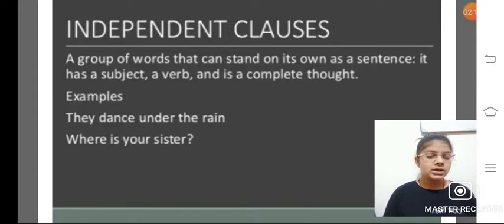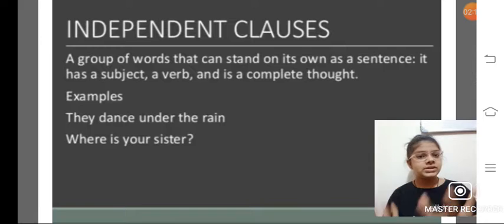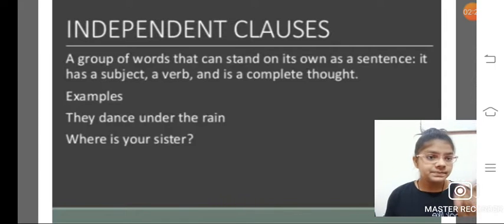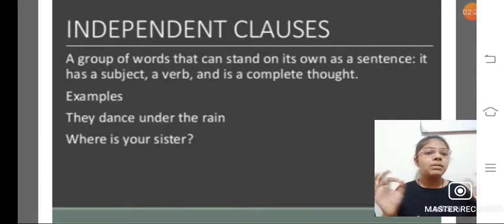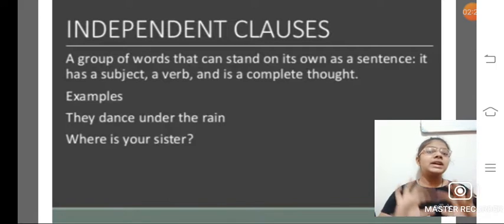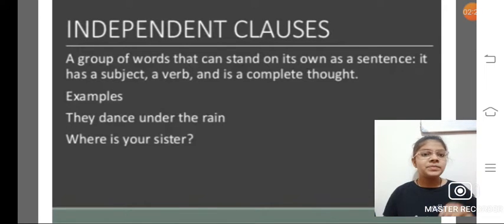It just means that whenever you read that clause, you'll get a complete idea of what it means to tell.